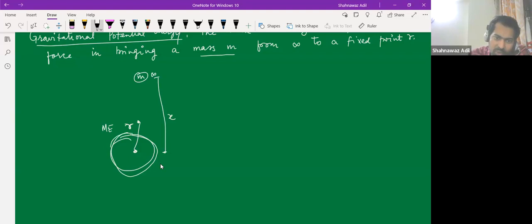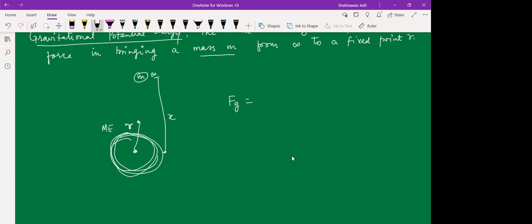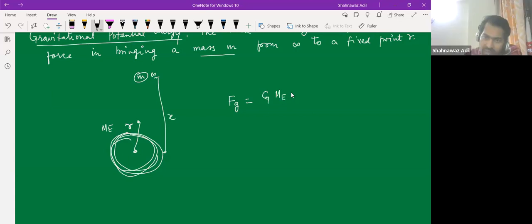What would be the gravitational force from the center to this point at distance x? The gravitational force would be G M_E m divided by x squared.